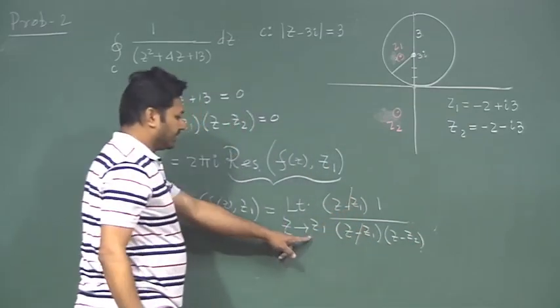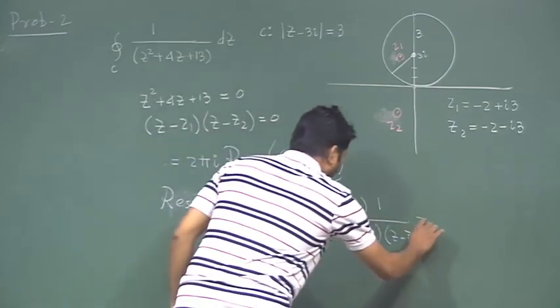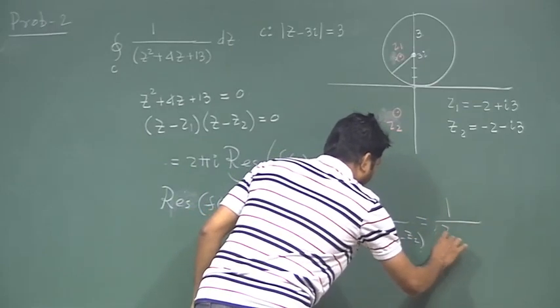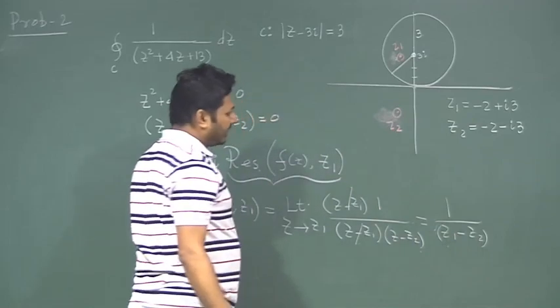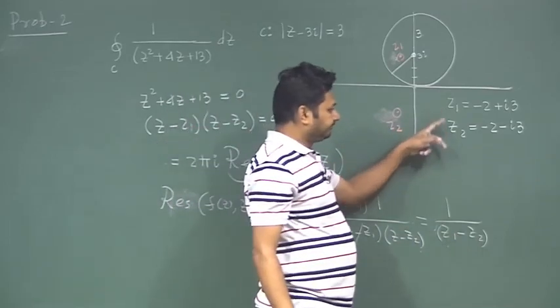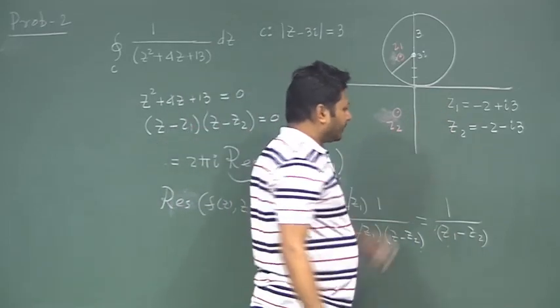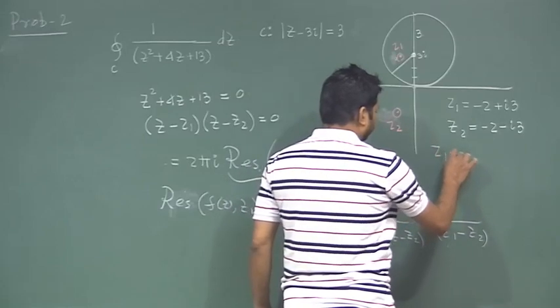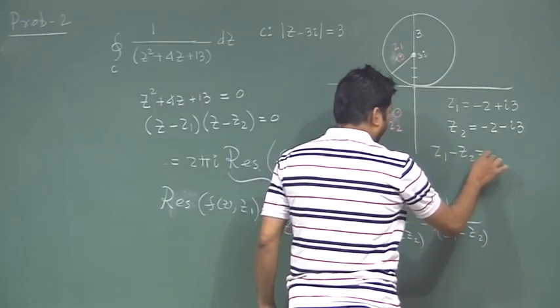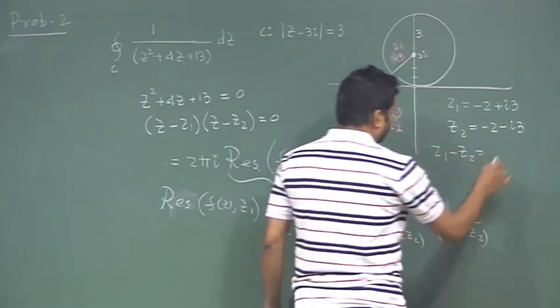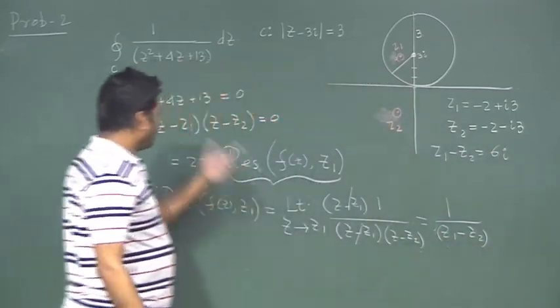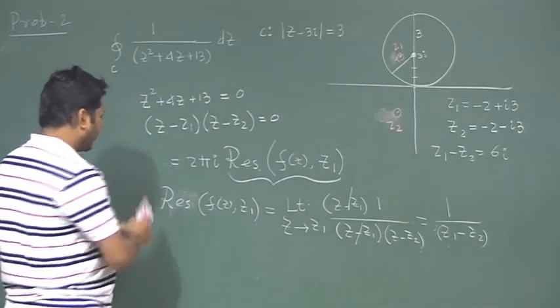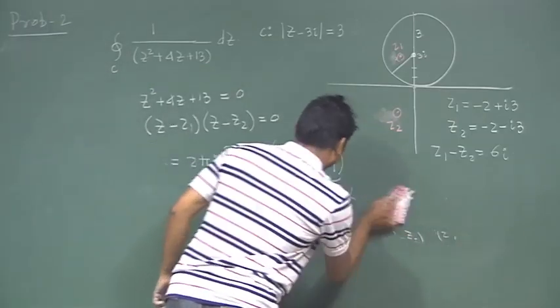Now, I put this here. So, I will eventually have 1 divided by z1 minus z2, this is my residue. So, what is z1 minus z2? From here it seems to be 6i. Now, I just put the value 6i here and I am done.